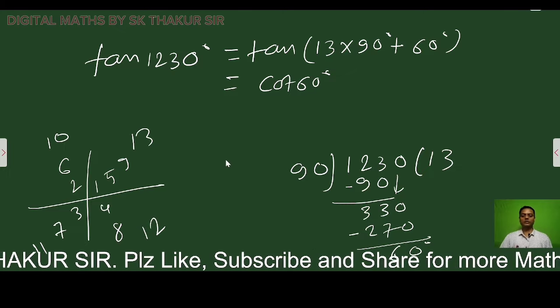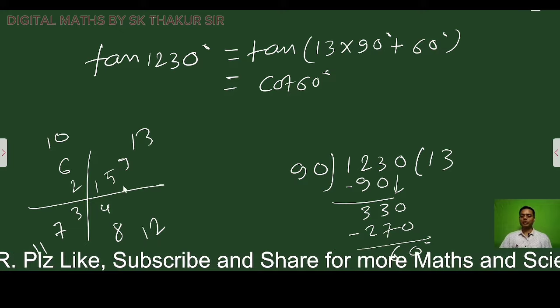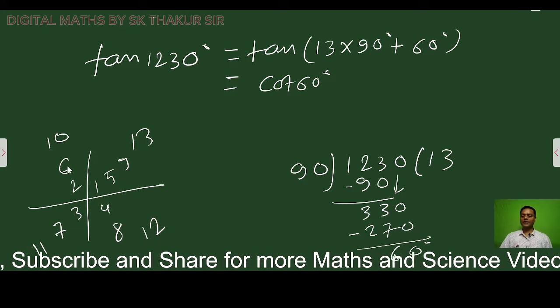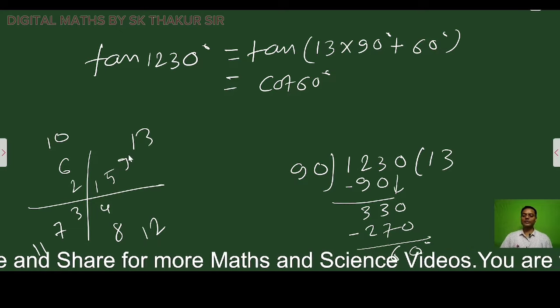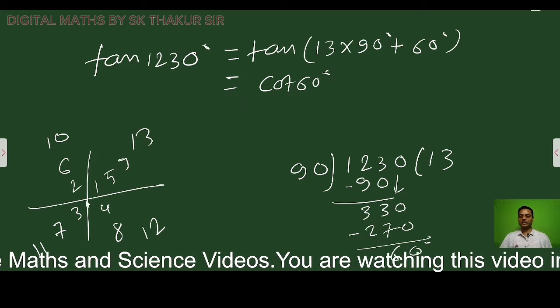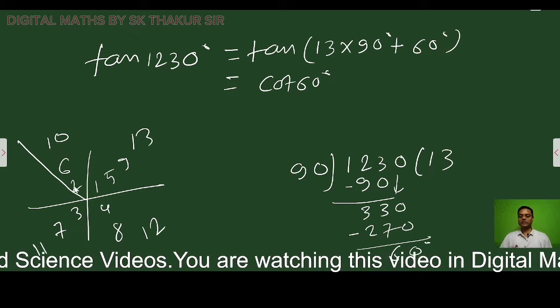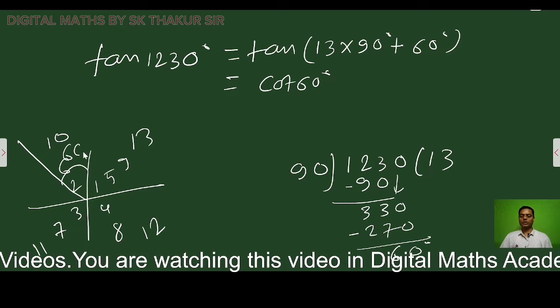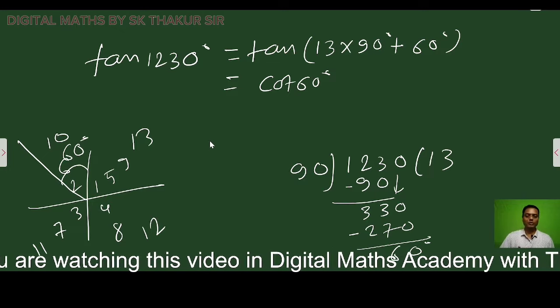So 1, 2, 3, 4, 5, 6, 7, 8, 9, 10, 11, 12, 13. 13 means first quadrant, and there is a plus 60. So that goes in second quadrant, okay? So angle is formed in the second quadrant.